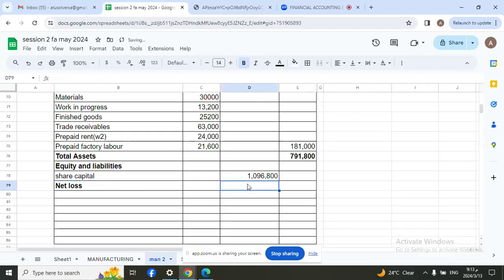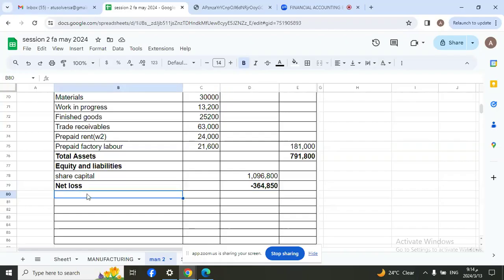Our net loss is how much? Yes. What is our net loss? 364,850. I'll put it in a bracket.